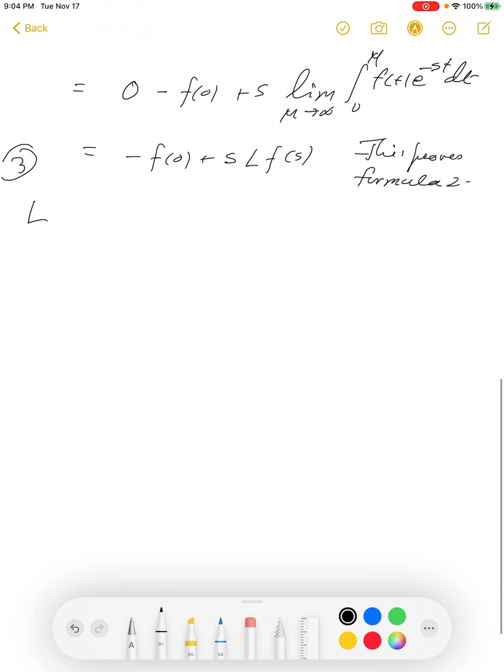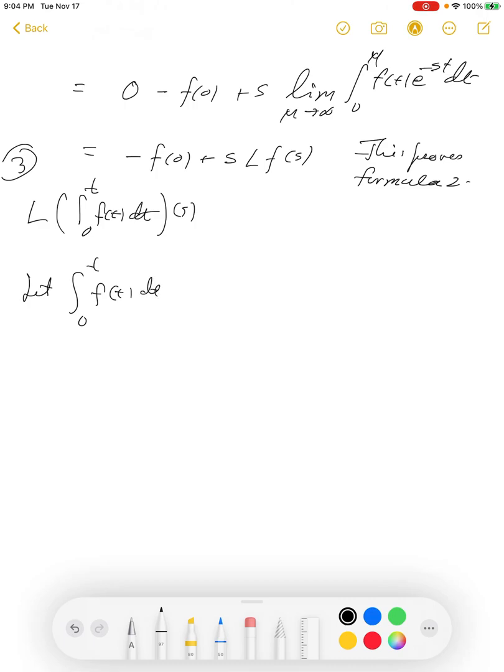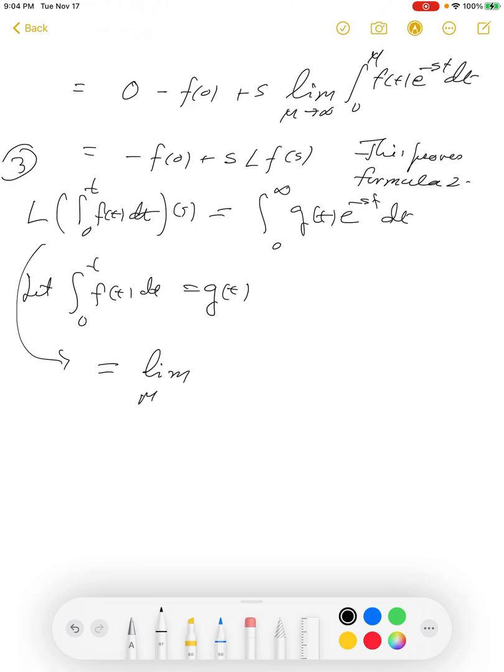And now I want to prove the Laplace transform of the integral. Let me write the integral of f(t) dt as the function g. So this is going to be the integral from 0 to infinity of g(t) e to the minus st dt, which is equal to the limit as m tends to infinity of the integral from 0 to m of g(t) e to the minus st dt.